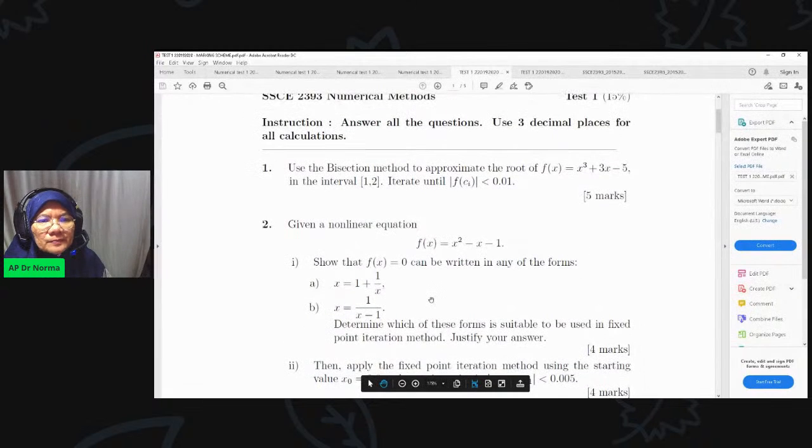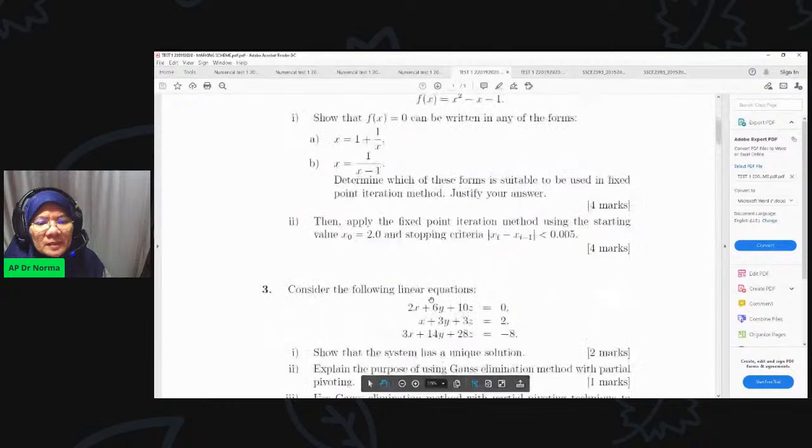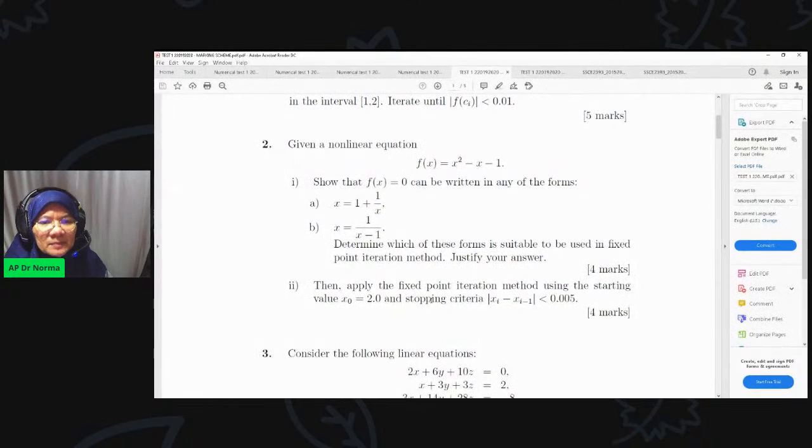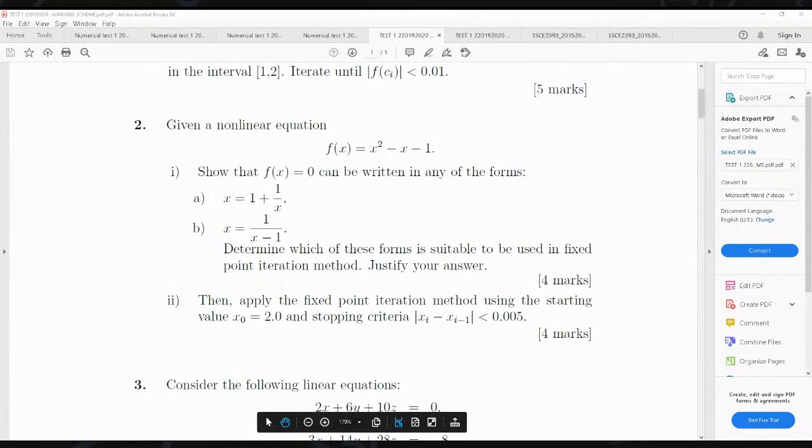All right, so now the same thing, I want you to answer question number 2. For the given nonlinear system of equation, the nonlinear is very easy. Why very easy? Because the question is x power 2 minus x minus 1.